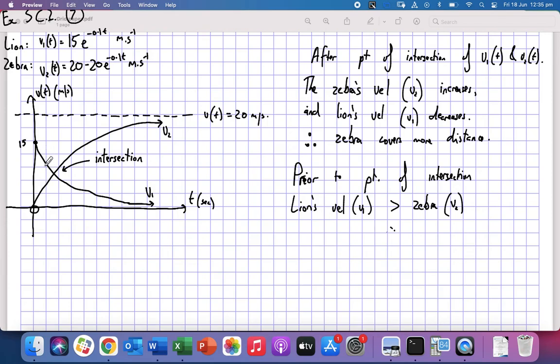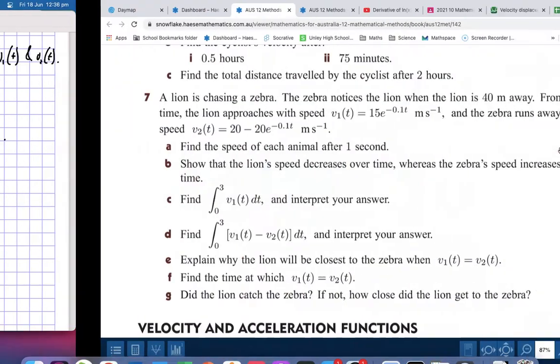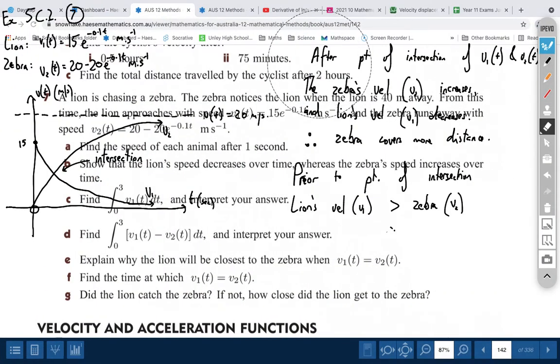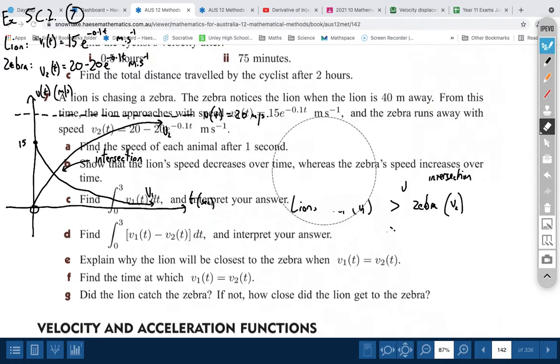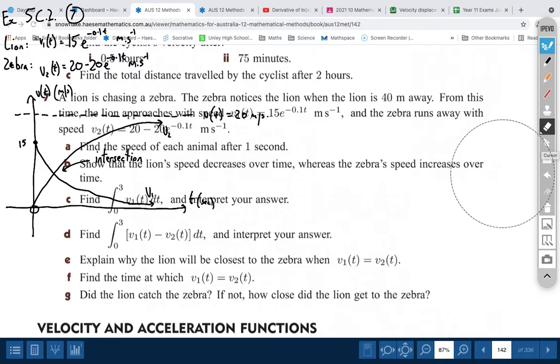It's getting closer and closer until the velocities are equal. Then the zebra is going faster than the lion, and so the distance between them would increase. Okay. You would need to write a coherent answer using the English language. Right? That's a write a sentence question.